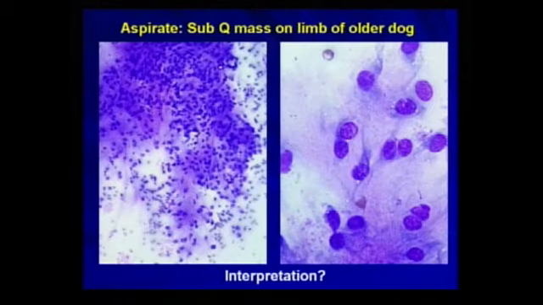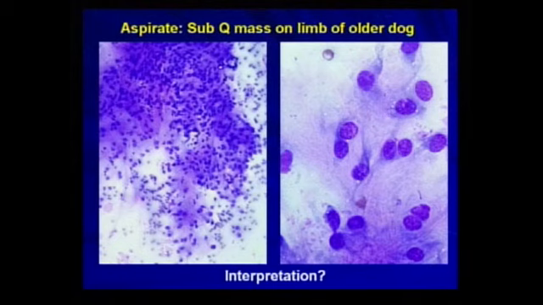We are looking at a sub-Q mass on the limb of an older dog. We have a very nice chunk of tissue on the right. Okay, we have to look closely. Okay, it looks like a large bore needle was taken. Do not confuse this with a cluster of epithelial cells, because at higher magnification you can see that these cells all have tails.